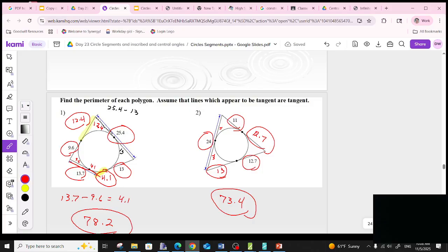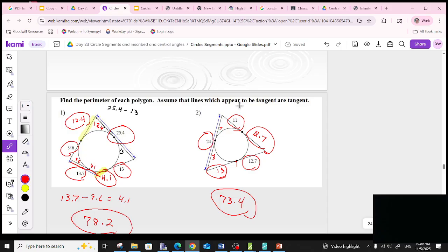You had a 12.7 from here to here, but I didn't have a length from here to here. Make sense?